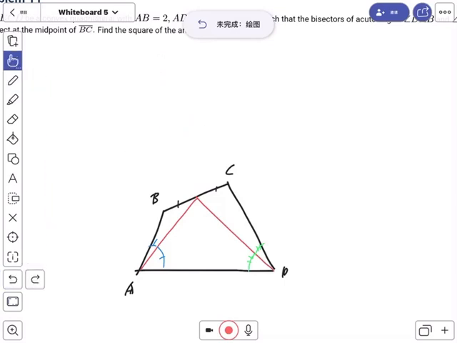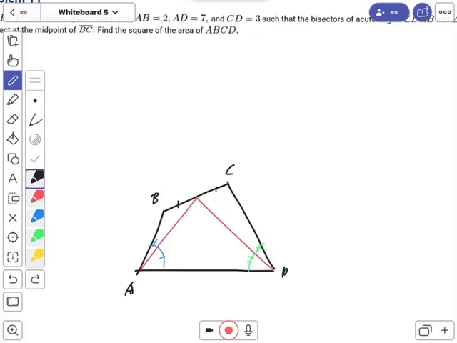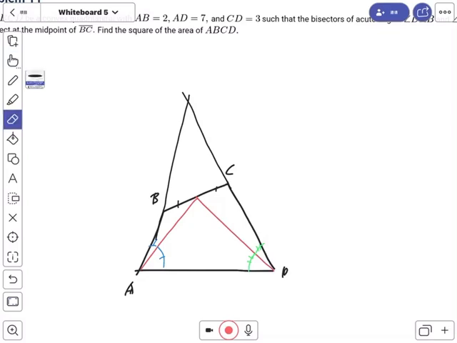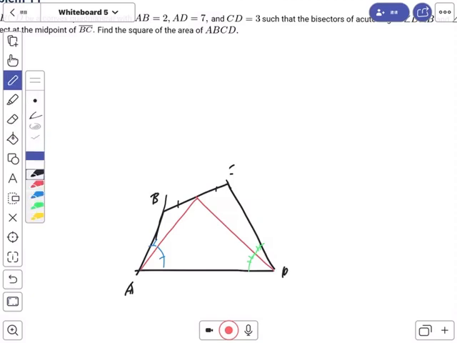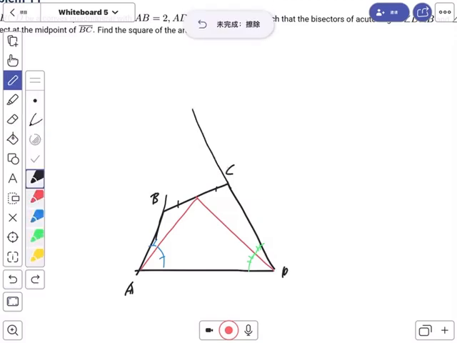So therefore, this motivates us to extend these two lines. Draw an extension of these two lines. It's actually really hard to just draw a good diagram.